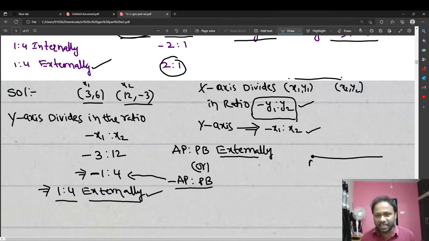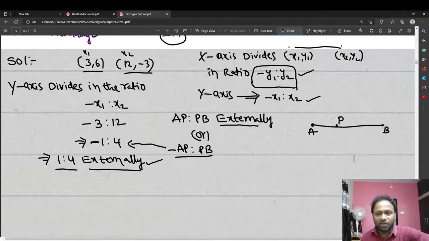This is A and this is B, and the point P lies inside, internally. Otherwise, suppose this is A and this is B, and here the point P is on the extended line.